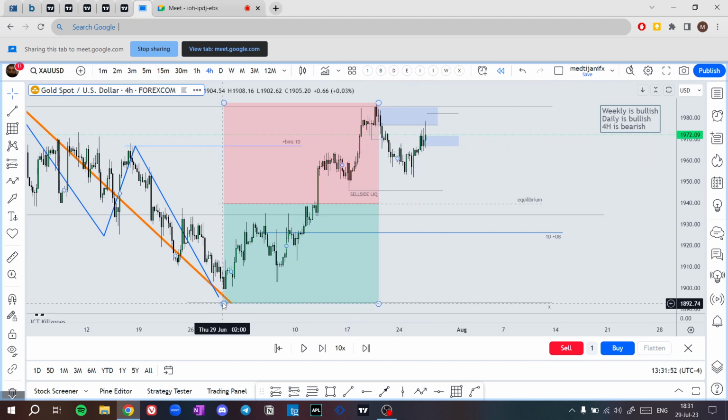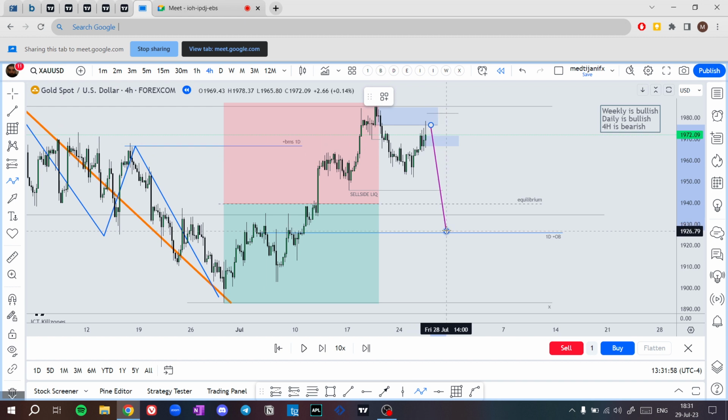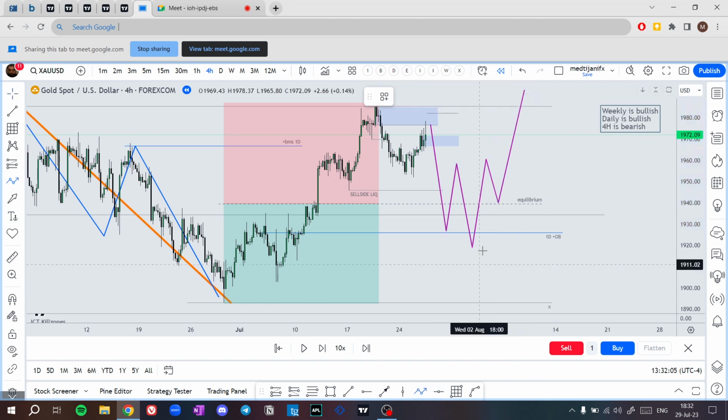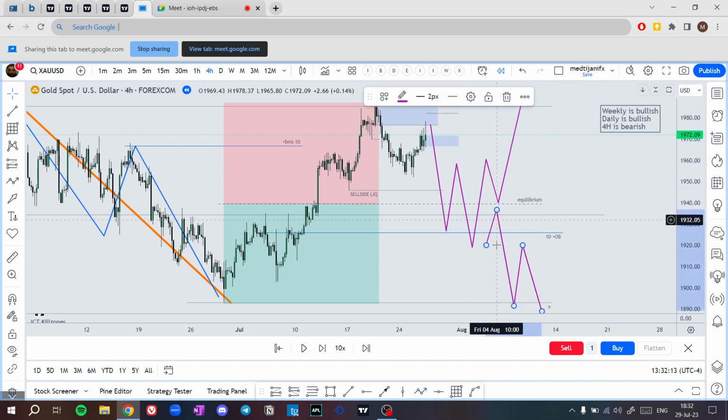And we have our discount range from this low to this high. We are expecting some kind of drop to discount, then maybe some kind of break of market structure to continue higher, or price could just do something like this easily. Until we have our break of market structure, we could be expecting bearishness.